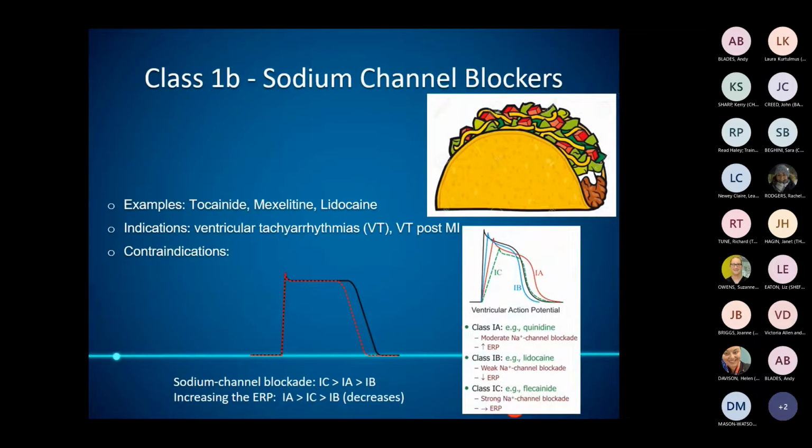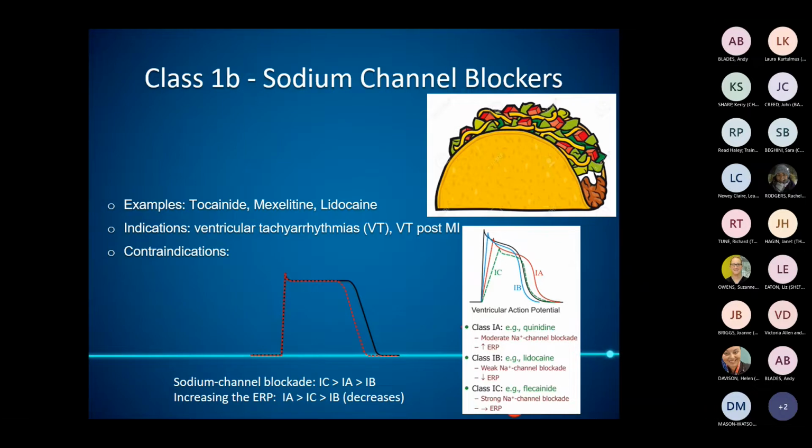So our second slide here is class 1B sodium channel blockers. So this is taco with more lettuce. Very much our choice and our class of drug for those patients who are having any VT post MI. So you'll often see patients who have any VT post MI going on to lidocaine infusions, patients who have refractory or chronic recurrent VT.